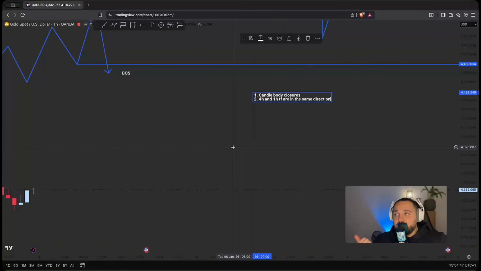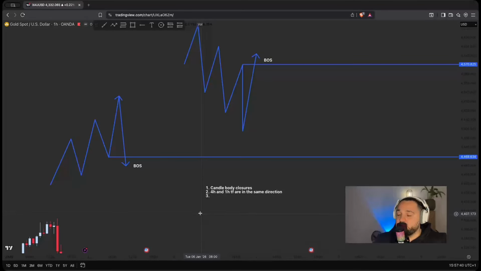And this is because, let's say for example, the 4-hour is still open and the 1-hour has printed a break of structure, that can easily be a fake out. So that is why we also wait for the 4-hour to close in the same direction, so we are more confident in taking our trade on the lower time frame.